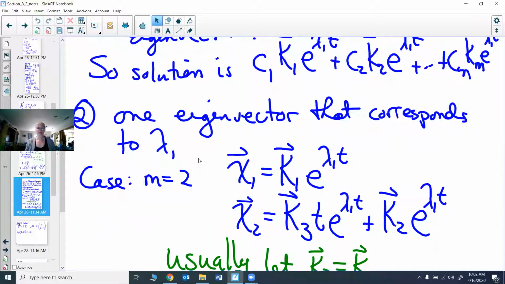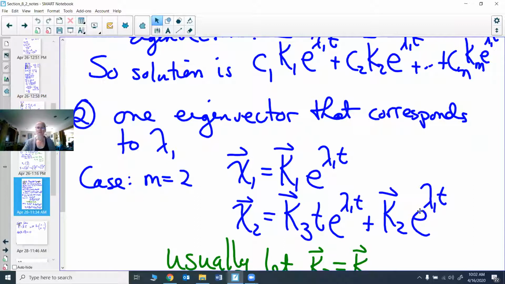In which case, if we have case 2 with multiplicity 2, then your x1 is k1 times e to the lambda 1 t. And then your x2 would be a different eigenvector, k3 times t e to the lambda 1 t, plus a different eigenvector, k2 e to the lambda 1 t.